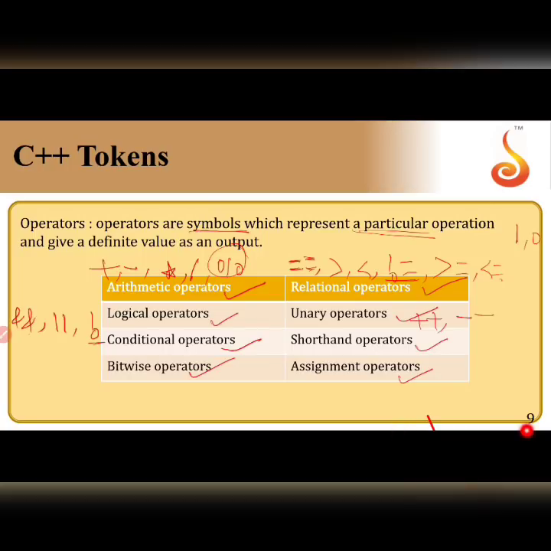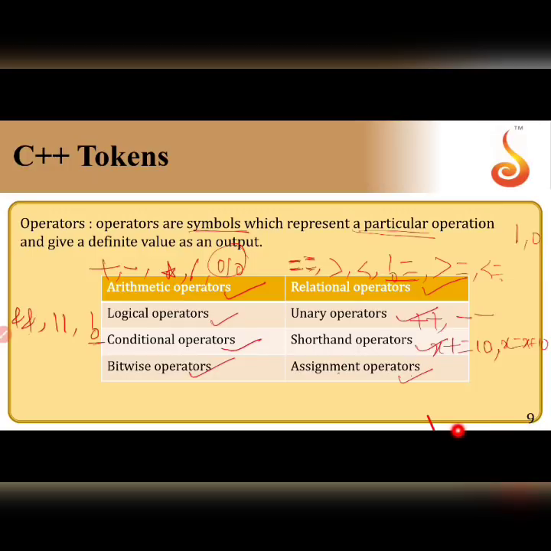Shorthand operators are nothing but plus equal to, like x plus equal to 10 is nothing but x is equal to x plus 10. Same way you can have minus equal to, divide equal to, product equal to. It need not always be 10, you can have any value over here. But if you want to increment or decrement by one, you can use a unary operator.